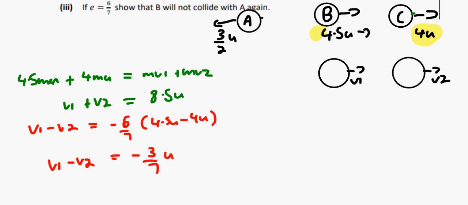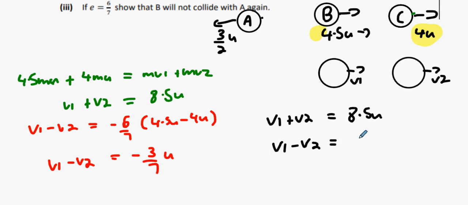What I'll do is write them over here. Which one am I interested in? I'm only interested in V1. Getting V2 would actually be a waste of my time.